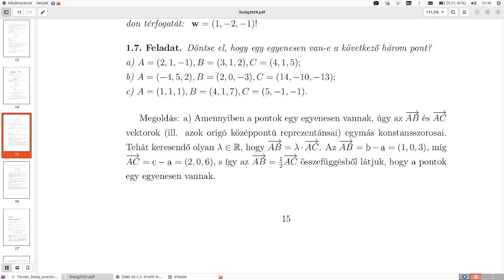So you have a coordinate system, and you have point A, point B, point C. In this coordinate system, you can draw lines, vectors.